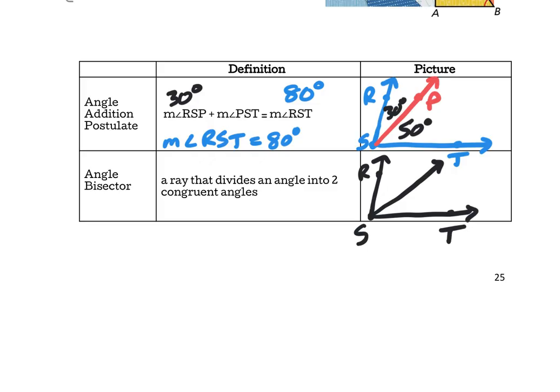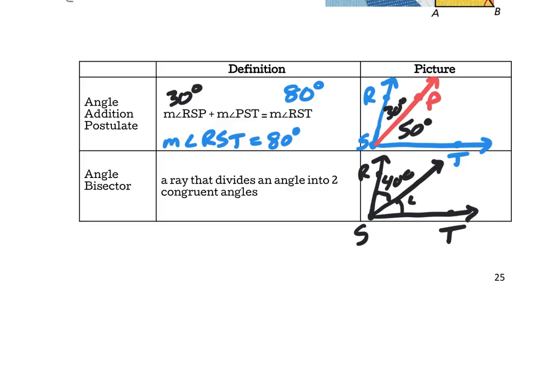Okay? But if I did this, assuming the measure of RST is still 80, okay? We'll still go off of this statement here. What would be the measure of these two angles? 40, just 80 divided by 2, right? Because this marking tells me these two angles have to be the same. So if I know one, I know the other, and they have to be the same.